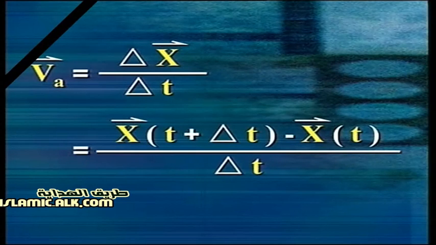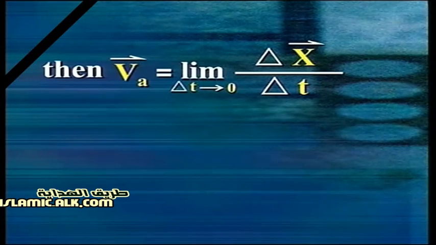We mean VA equals delta x over delta t, where delta x means x of (t plus delta t) minus x of t, the change of x, over delta t.